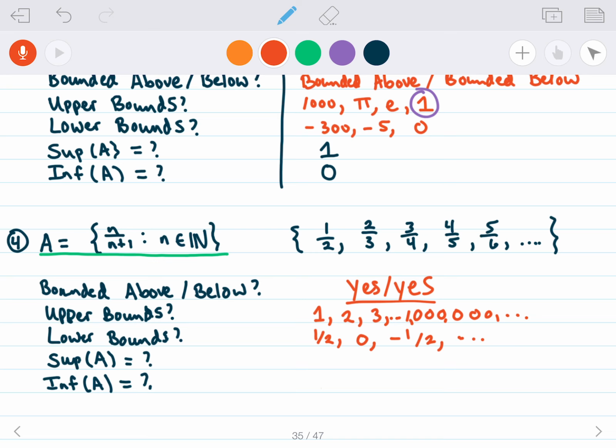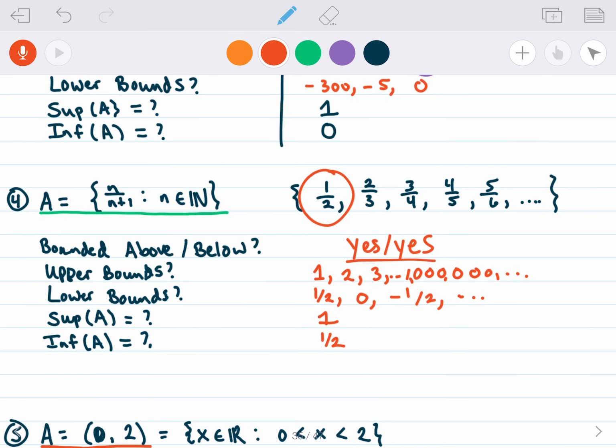Well, that's going to be 1. And what's the greatest lower bound? That's going to be 1/2. You can't have a lower bound greater than 1/2.